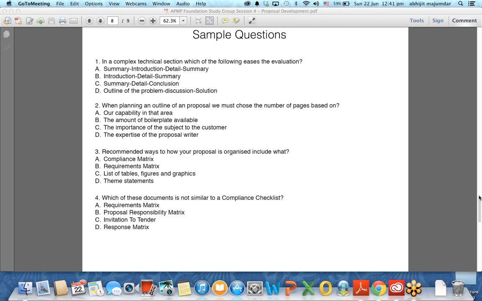There are large government RFPs in which there are different proposal volumes. There will be a technical volume, an administrative volume, a commercial volume. It is also a good practice that each volume has its own executive summary.